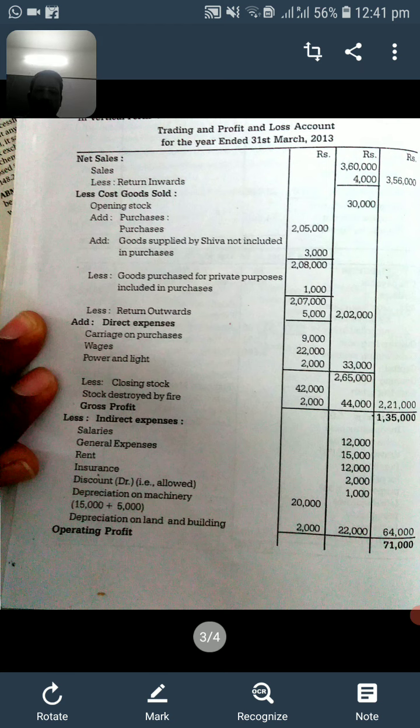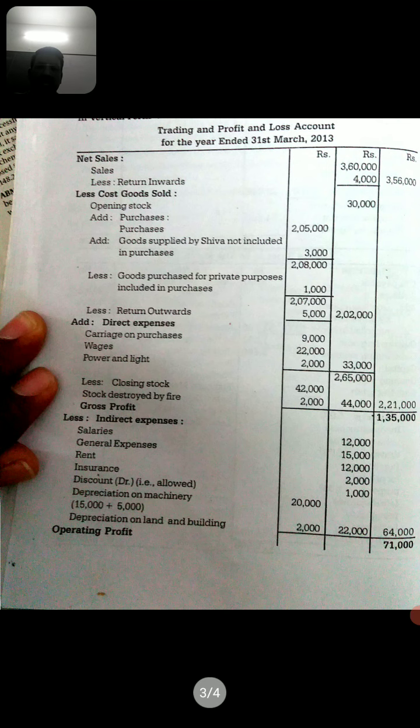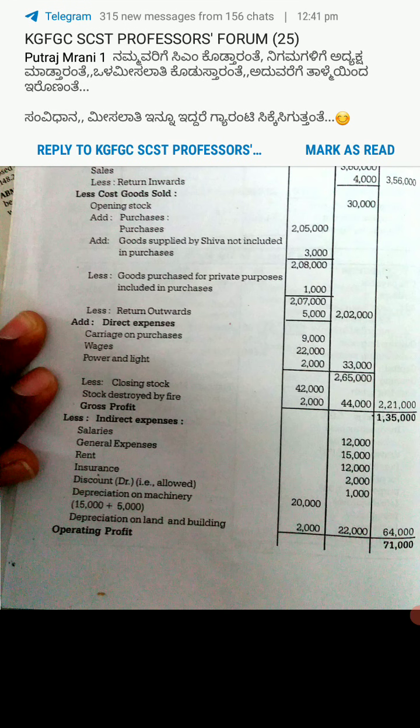So add direct expenses which are directly involved on goods and services, that is carriage on purchases 9,000, wages 22,000, power and light 2,000. So total direct expenses were 33,000. So total 2,65,000, less closing stock of rupees 42,000. So in that, stock destroyed by fire worth rupees 2,000 is also included.